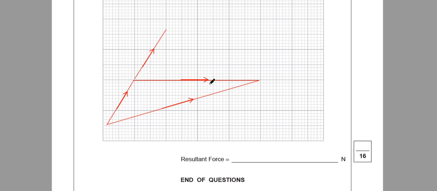So a 400 newton force vector will be represented by 4 large squares, and the 200 newton vector will be represented by this distance. Okay, and we should use the protractor to make this line at 60 degrees from this line.